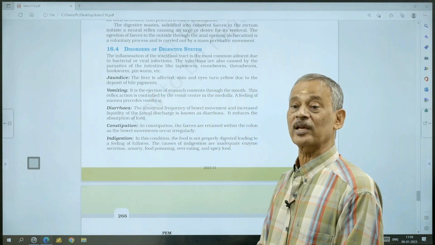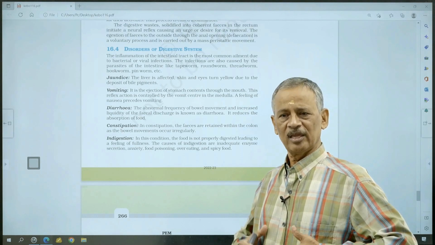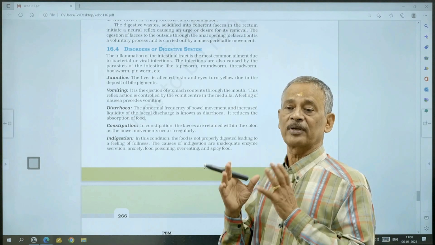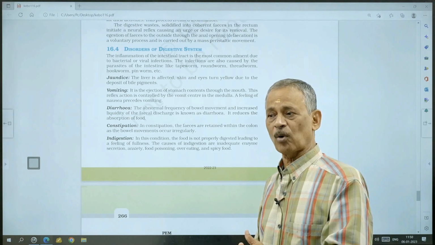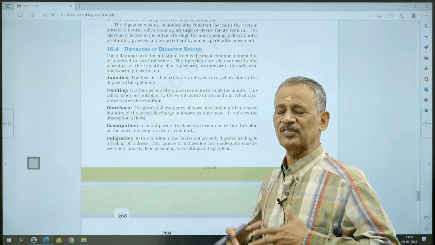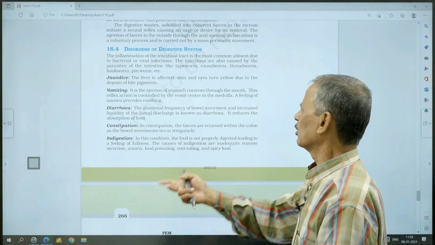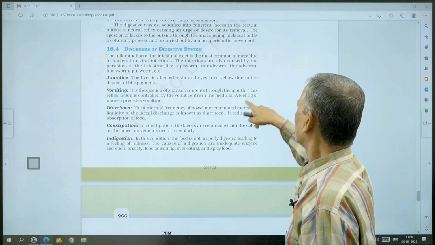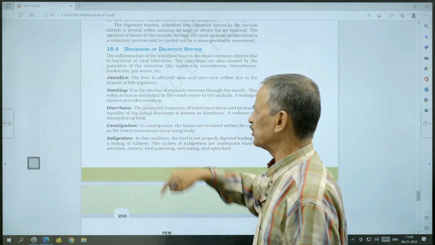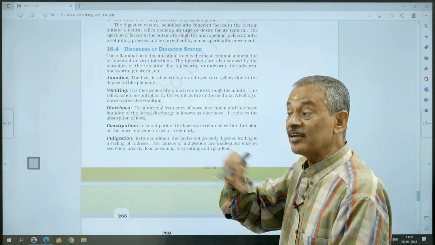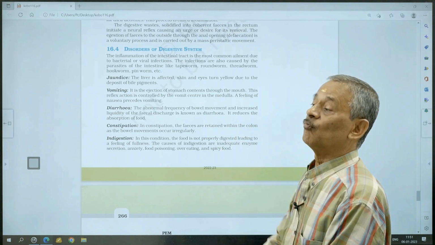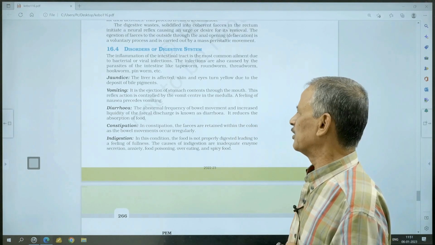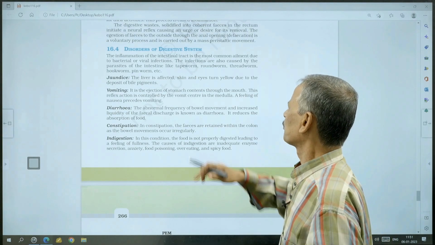Vomiting is a reflex action because the food content may have some dangerous chemical that is harmful to our body, so our stomach senses it and sends it out. A feeling of nausea means there is a tendency to vomit, inconvenience in the stomach, etc. That's called nausea.